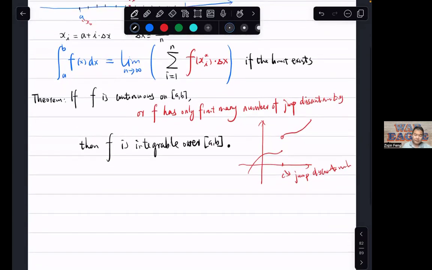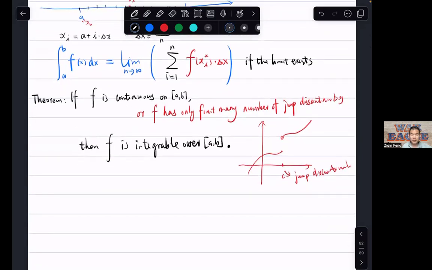Now that the limit exists, the next natural question is, how do we evaluate it? You don't want to choose an arbitrary sample point, you want to fix one. This theorem says it really doesn't matter which one you choose. You can choose the right endpoints.